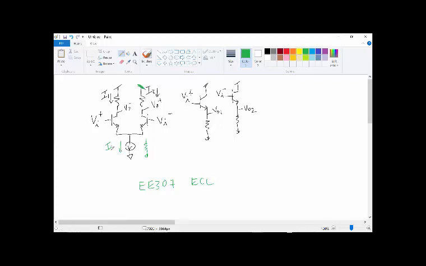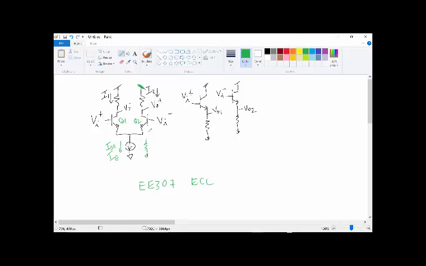Let's call it ISS, traditionally called ISS, but that's from MOSFET. So officially this IE, which is in the lab manual, is more appropriate since it's current coming out of the emitters of Q1 and Q2. So you have this current. Let's say VI plus equals VI minus.